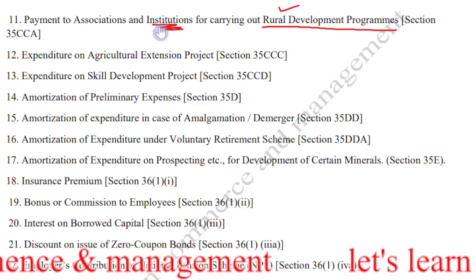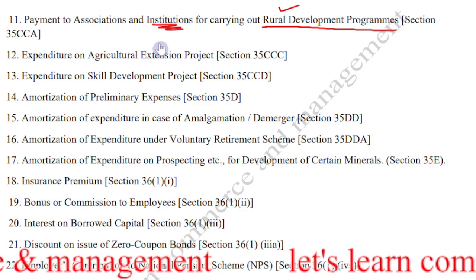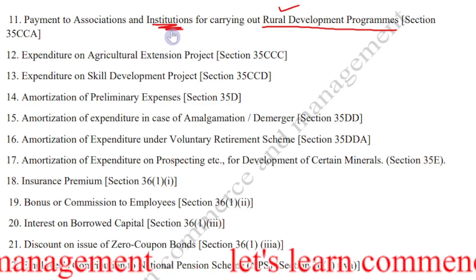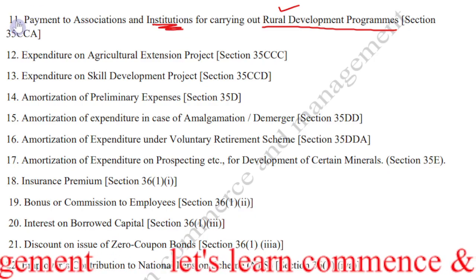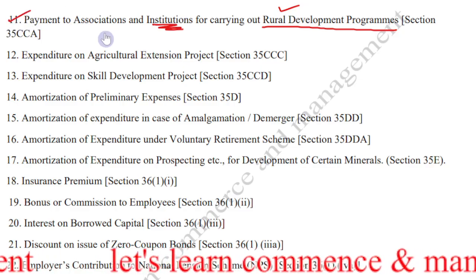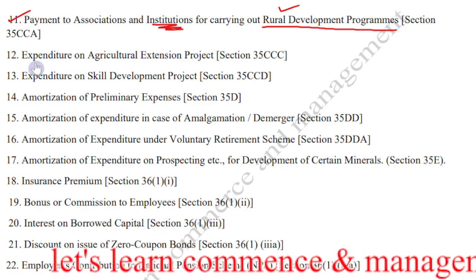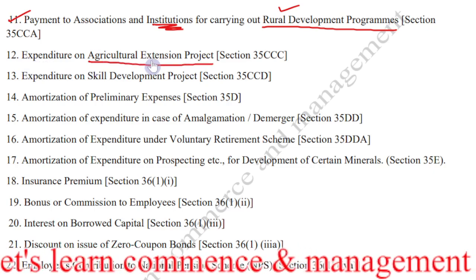If we are giving some payment to that institution, then whatever amount we are providing to that institution is considered as a valid expenditure. It's a deductible expenditure. Then expenditure on agricultural extension project.